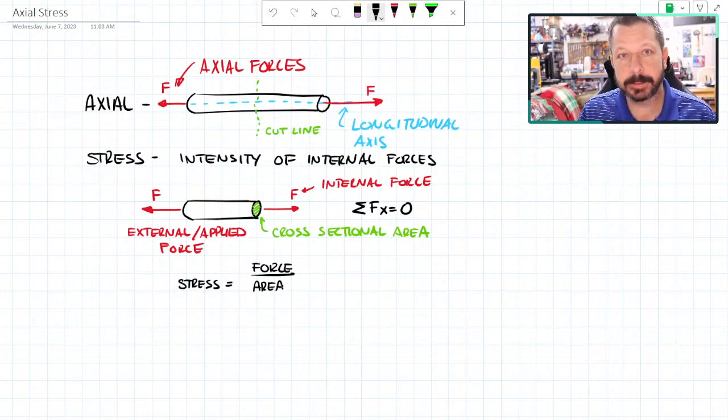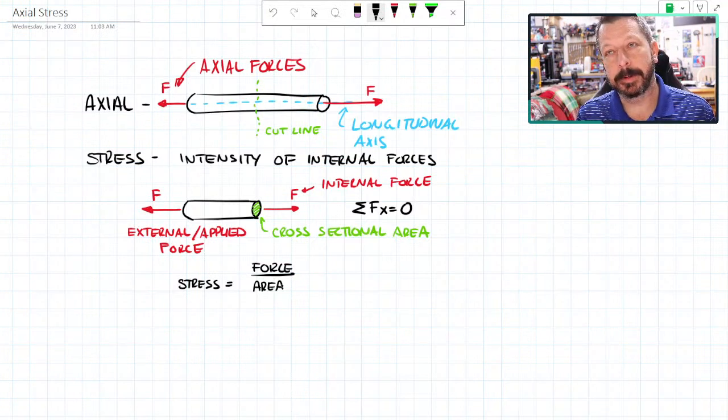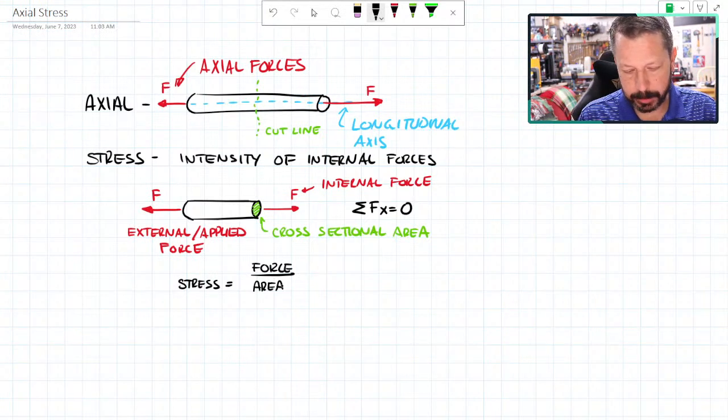The axial, I'm going to use, let's see, how many words? Maybe 3 different words for it. It will sometimes be referred to as axial stress.